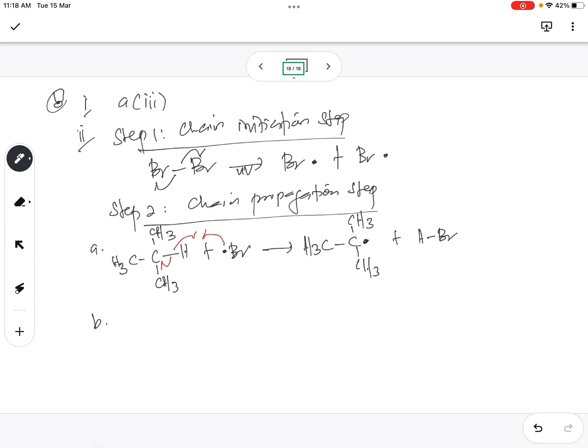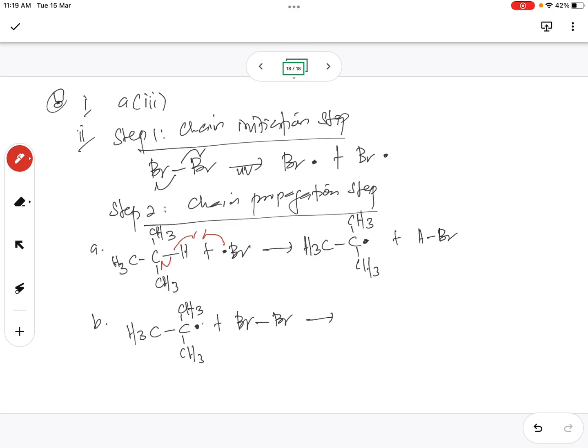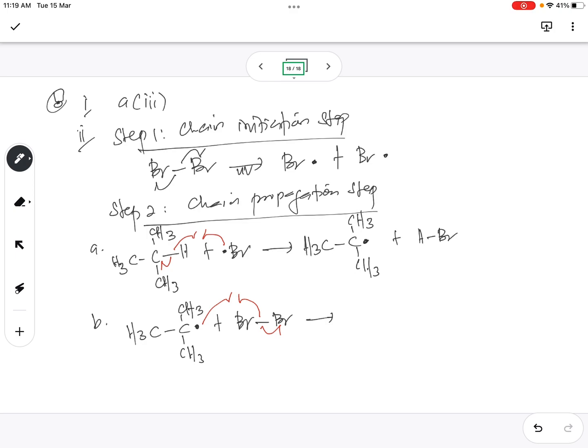In the second step, that radical (CH3)3C, this radical will collide with the bromine molecule. So what will happen? This will collide with this bromine, one goes to this bromine. Half-headed arrow, do not forget, the arrow is different, it is a half-headed arrow.